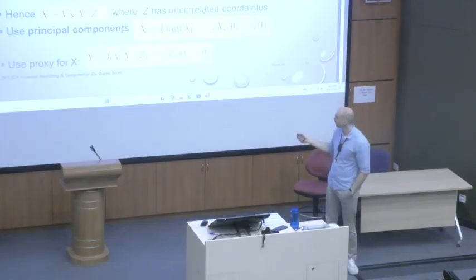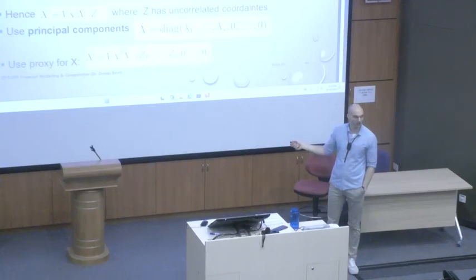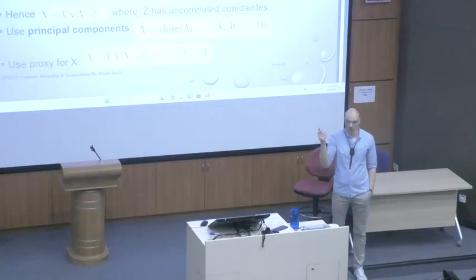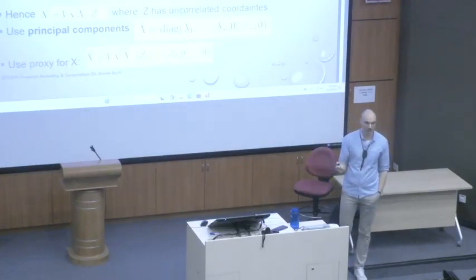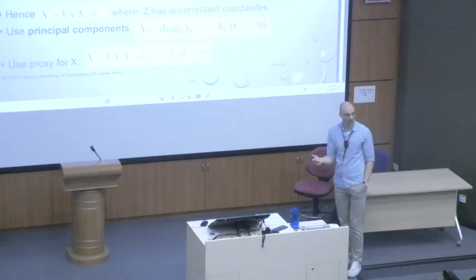And now what I do is, okay, x I can write as, by definition, the same linear transformation as before, where I told you there are plenty of roots of a matrix, Cholesky or this one. So x has exactly that form. Z has uncorrelated or even independent entries.